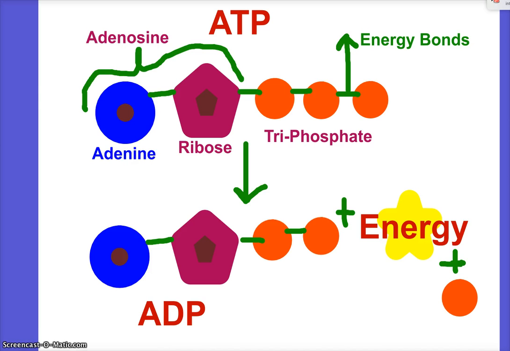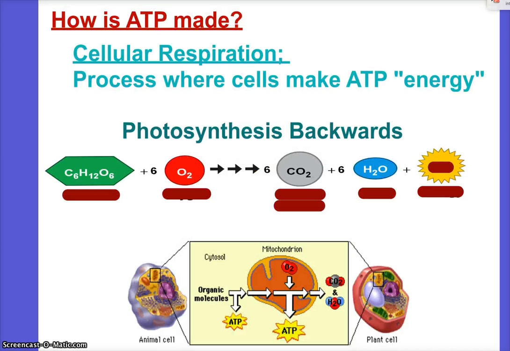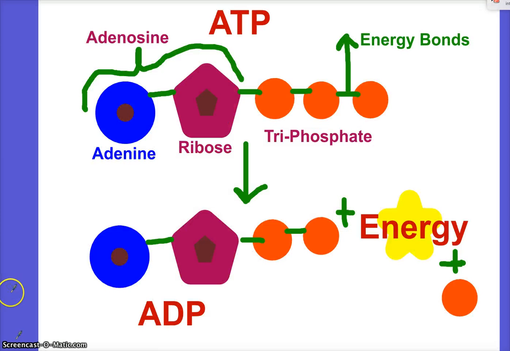To sum up our drawing, when ATP breaks off a phosphate, a lot of energy is released, a phosphate gets left over, and ADP is made. And then later, it comes back together to form ATP, and it's like a cycle that goes on and on and on. So the question is, where does this ATP come from? And that is to be continued.